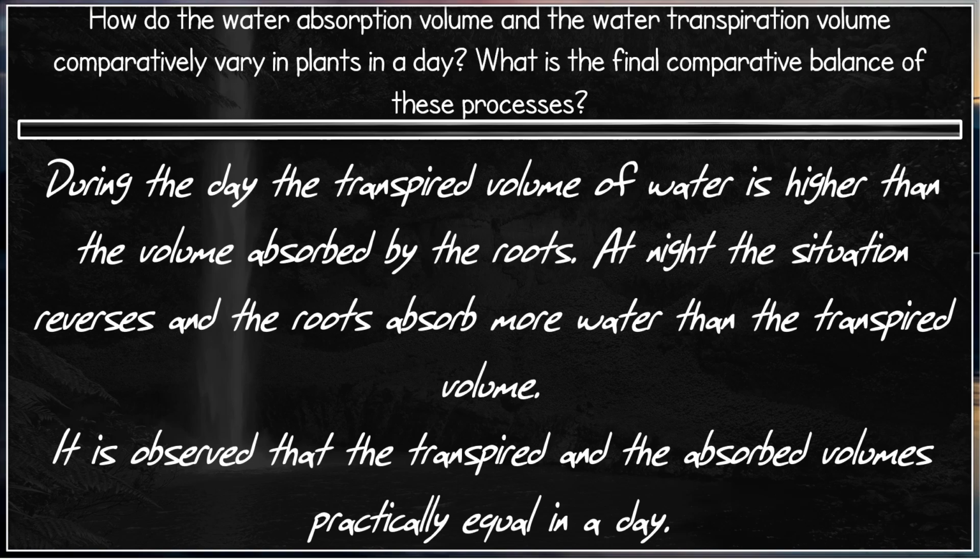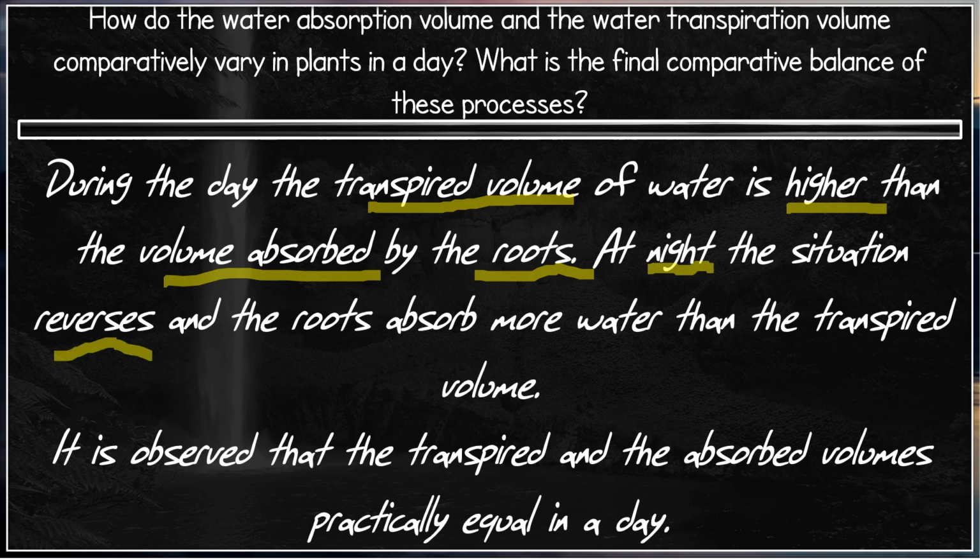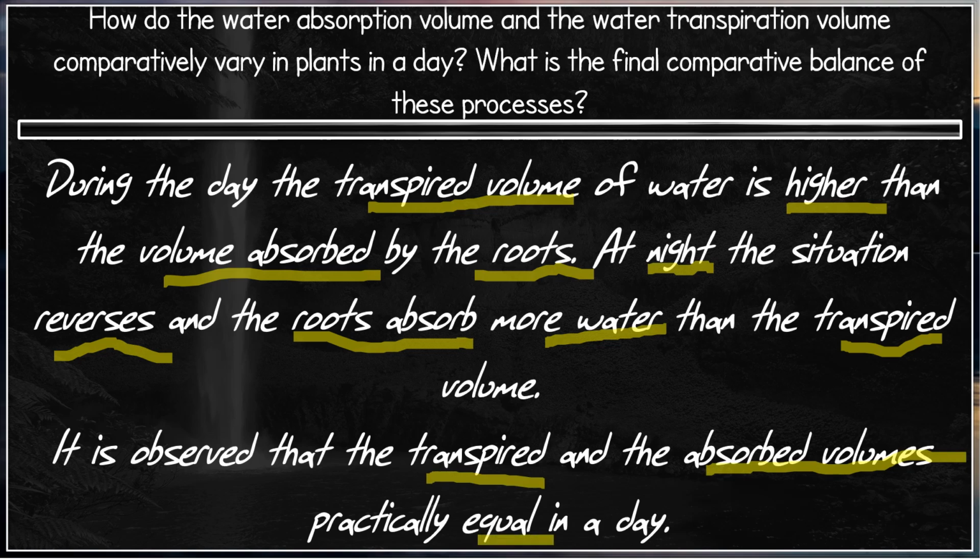During the day, the transpired volume of water is higher than the volume absorbed by the roots. At night, the situation reverses and the roots absorb more water than is transpired. It is observed that the transpired and absorbed volumes are practically equal over the whole day.